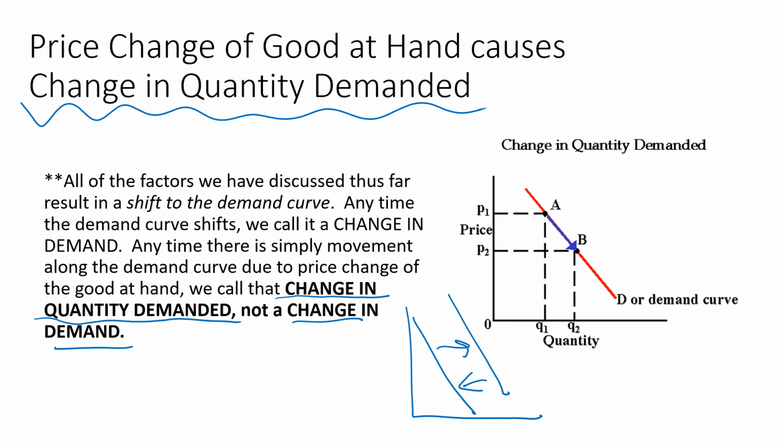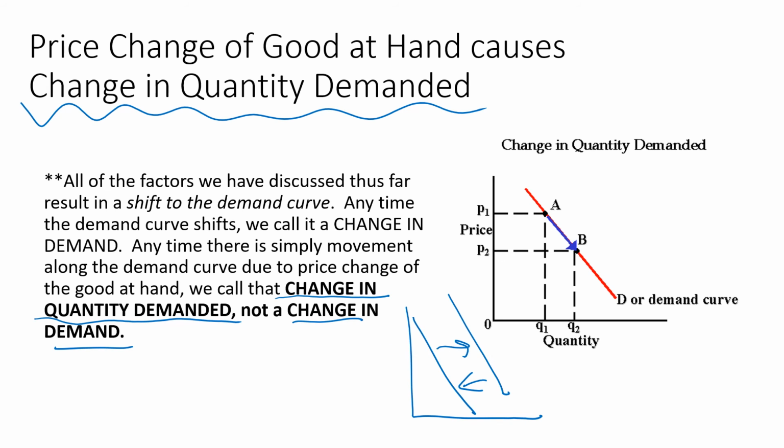All of the examples that we previously did that shift the demand curve to the right or to the left are all changes in demand. So the price is remaining constant, but due to some outside factor, people are willing to buy more at the same price or willing to buy less at the same price.